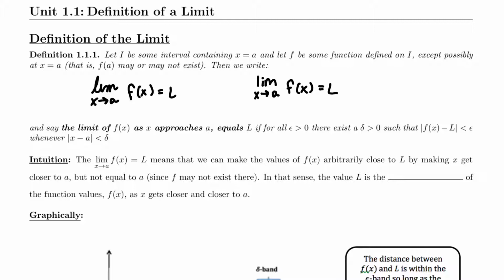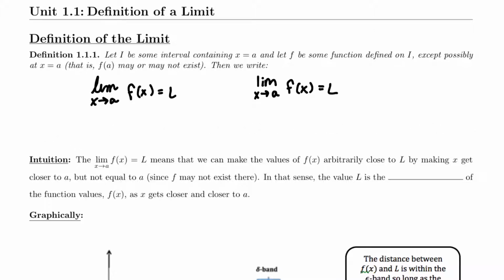I'm not going to talk about this delta epsilon definition. I'm not going to do it, so I'm going to erase it. I know you don't have the courtesy of doing that, but I'm not going to talk about the delta epsilon definition.